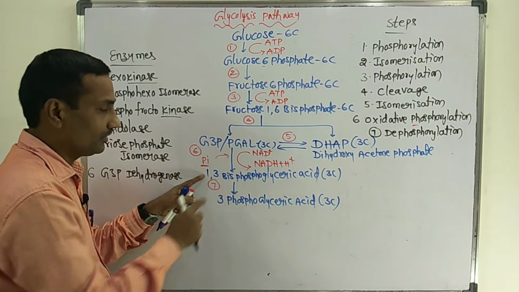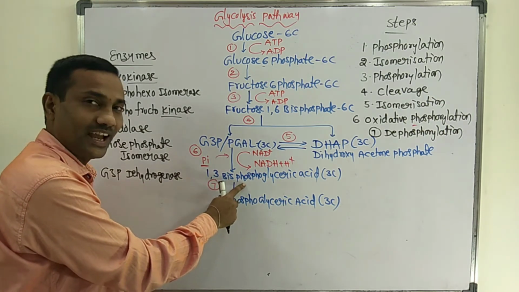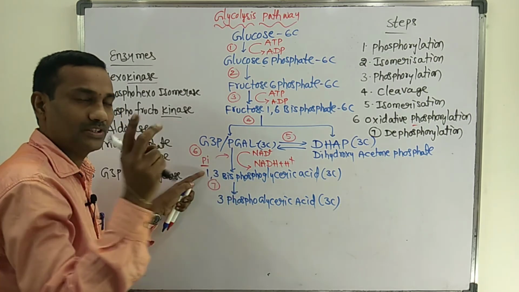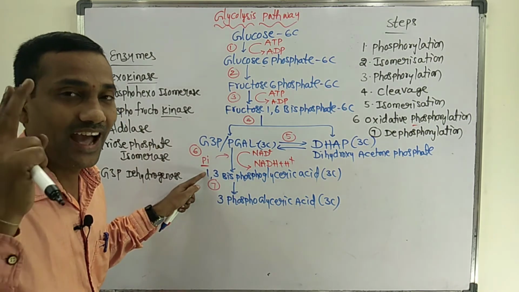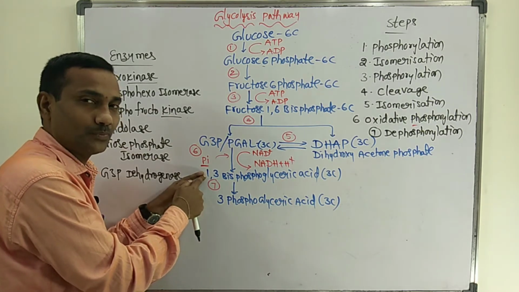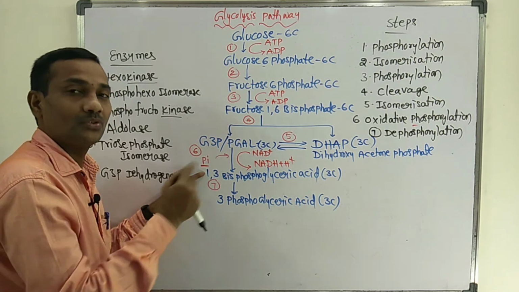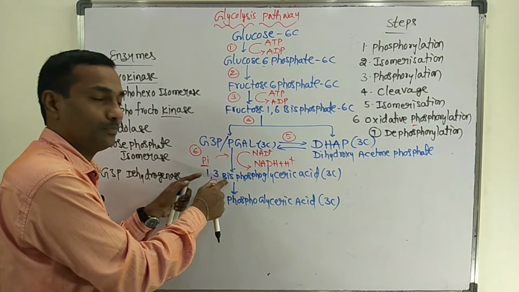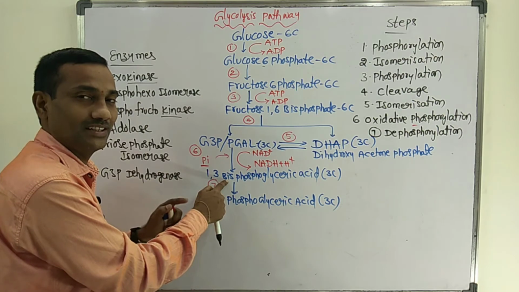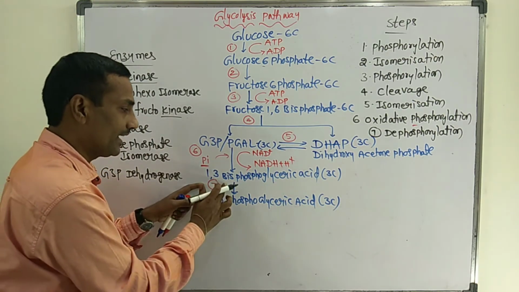One thing you can observe, 1,3-bisphosphoglyceric acid has 2 phosphates. At the first carbon, a phosphate is there. At the third carbon, one more phosphate is there. So that is called 1,3-bisphospho. Bis means 2 phosphates are there. But in the 7th step, what happens?